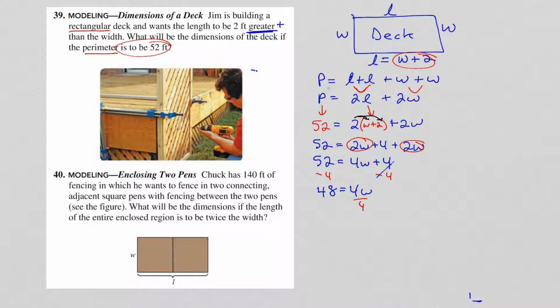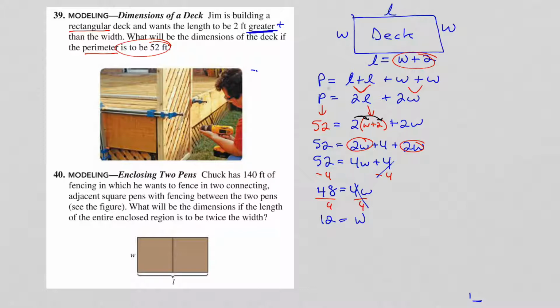Divide by 4 here. So this is going to be 12. Okay, W equals 12. What will the dimensions of the deck be?